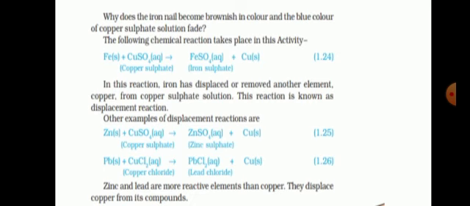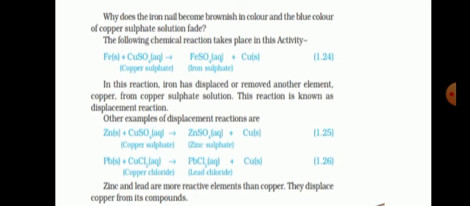So you can observe here that the less reactive metal has been replaced by the more reactive metal, right? So this is an example of a displacement reaction. In this reaction, iron has displaced another element, copper, from copper sulfate solution. This reaction is known as a displacement reaction.